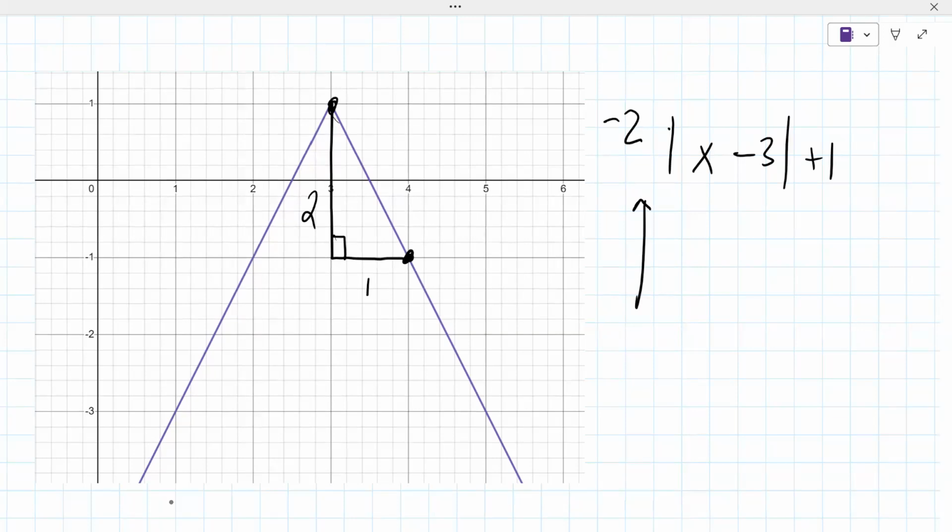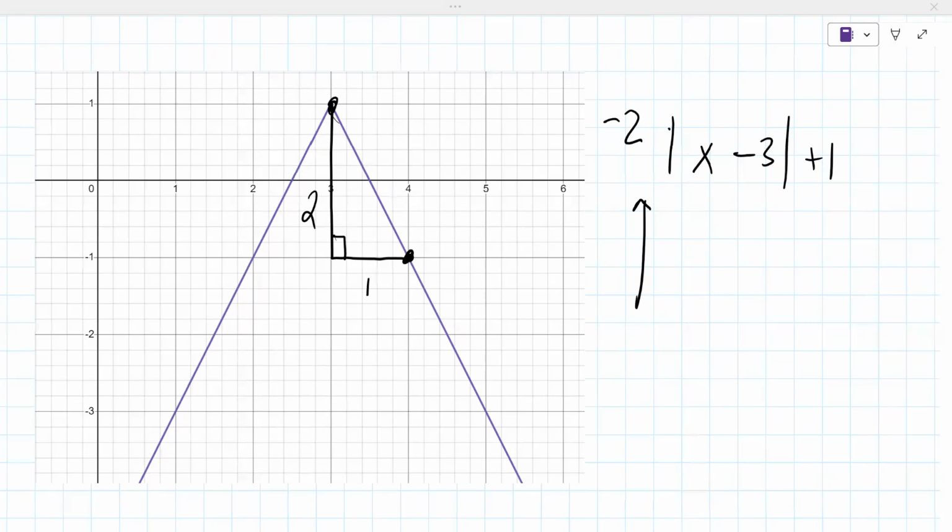So one of the reasons I like starting with absolute values is the slope. The slope is the number in front. Right. Okay. Is that clear? Yes. All right. So try another one. Okay. I wonder if I can fix that.